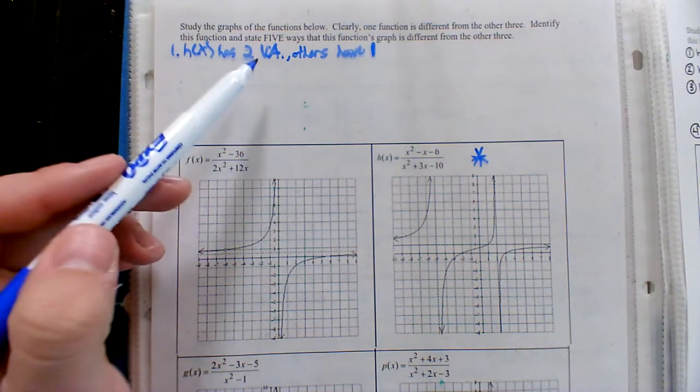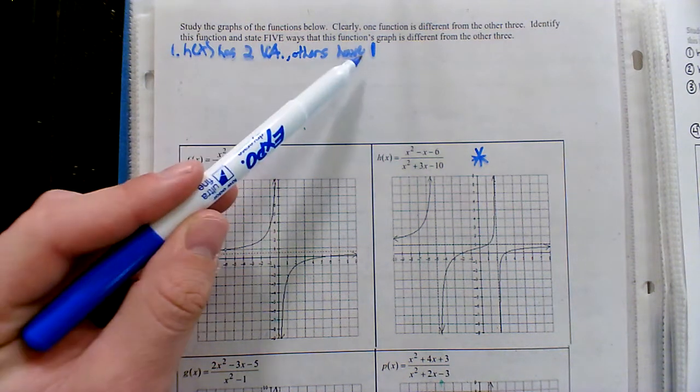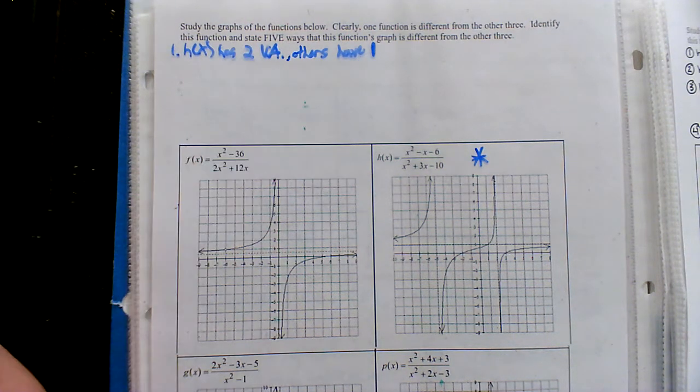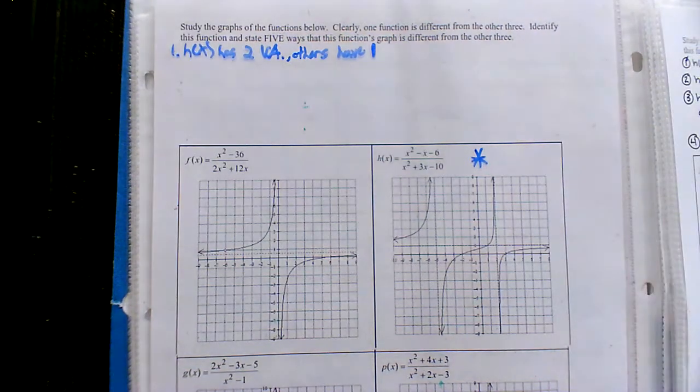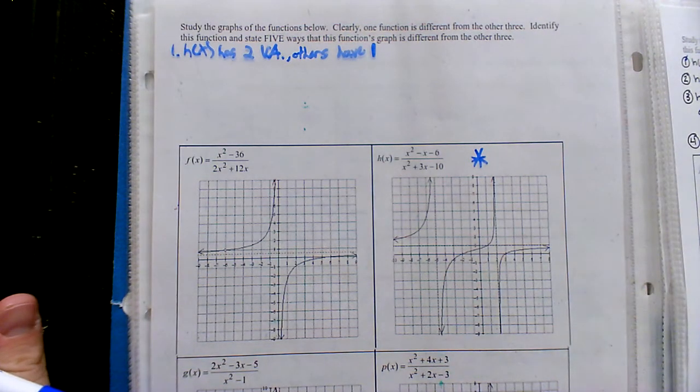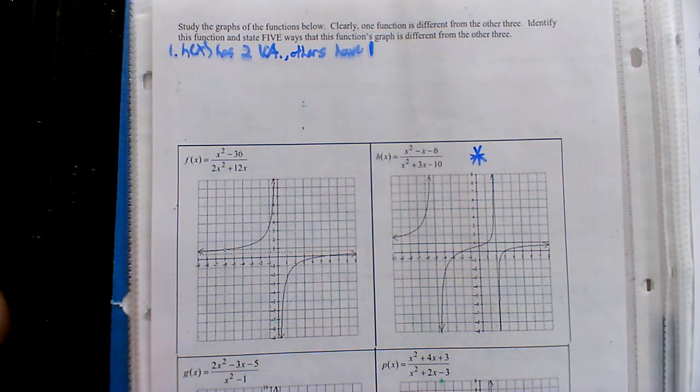Alright, so h of x has 2 vertical asymptotes, the others only have 1. So that's the first statement. What else do we see? We talked about the vertical asymptote. Is there anything maybe about the horizontal? Anna? One of the lines passes through the horizontal. On which one? Which graph?